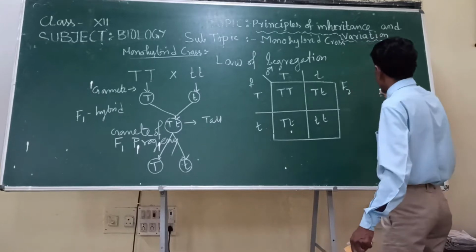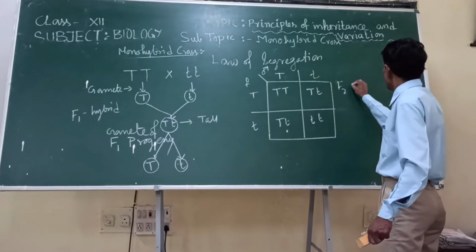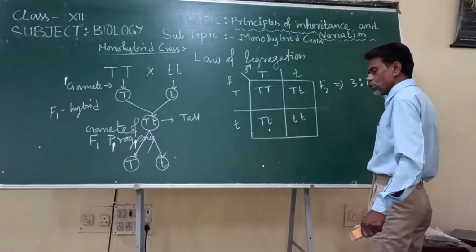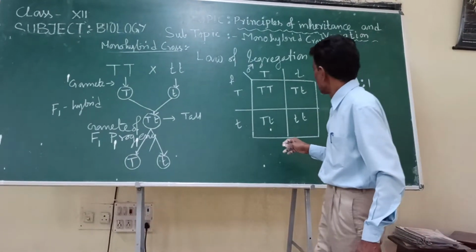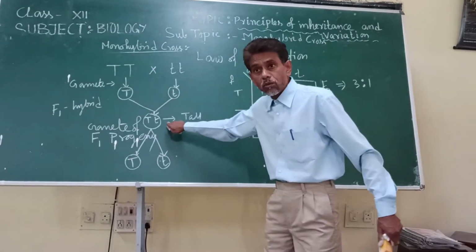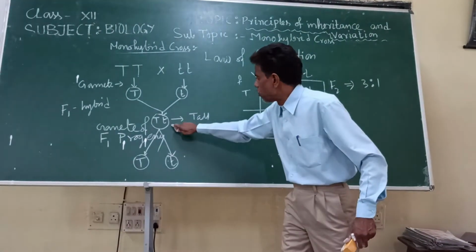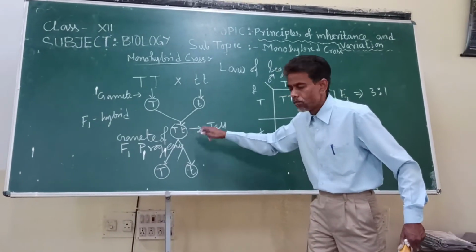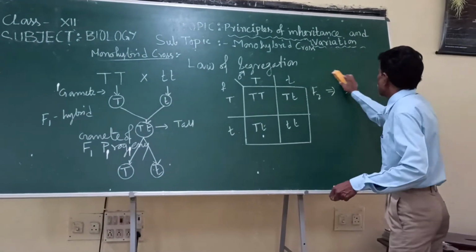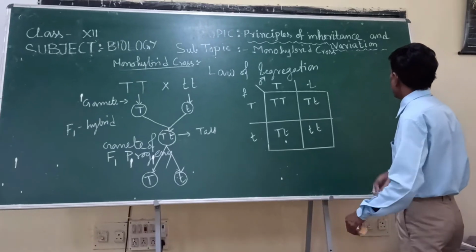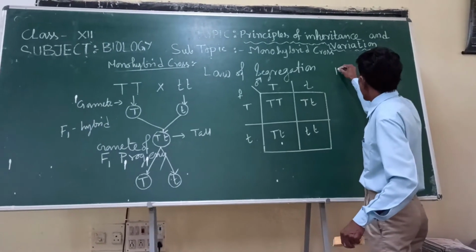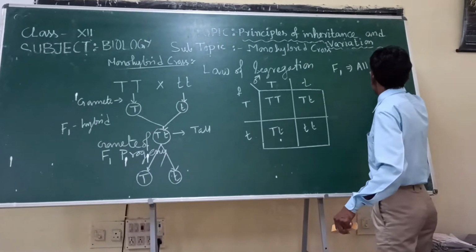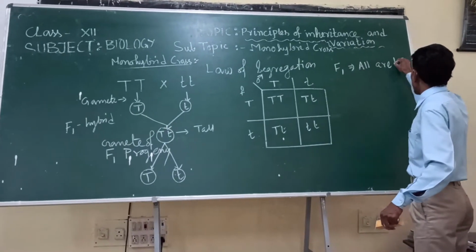In F2, we are getting a phenotypic 3:1 ratio. That means, try to understand, in F1 all the progenies were tall. So let me summarize. In F1 all are tall plants.